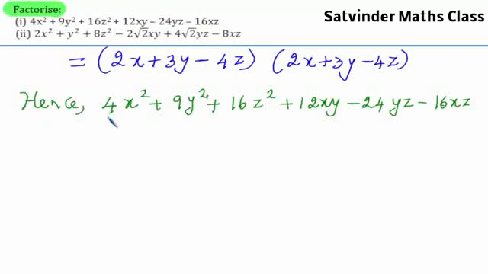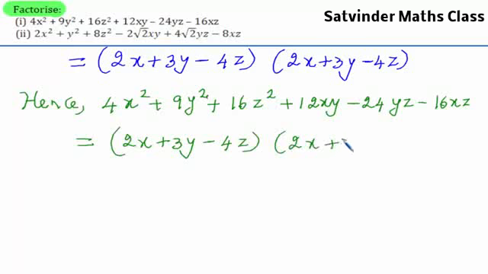Hence, 4x square plus 9y square plus 16z square plus 12xy minus 24yz minus 16xz can be factorized as 2x plus 3y minus 4z multiplied by 2x plus 3y minus 4z. This completes the first part of the solution.